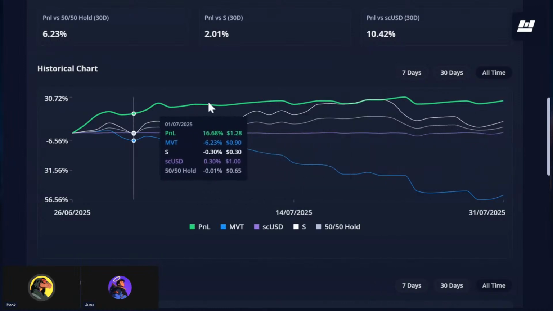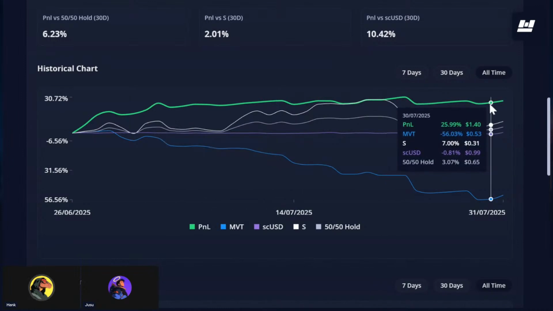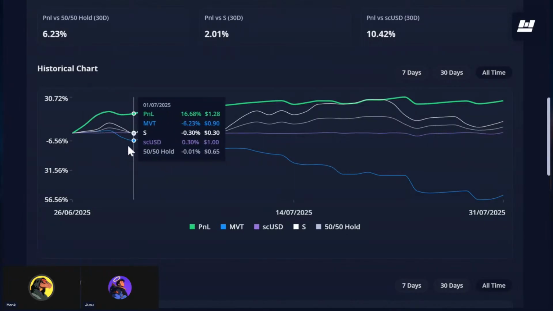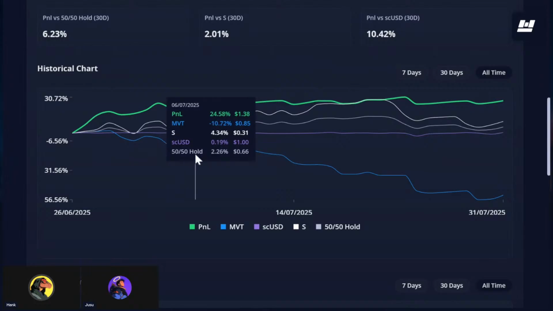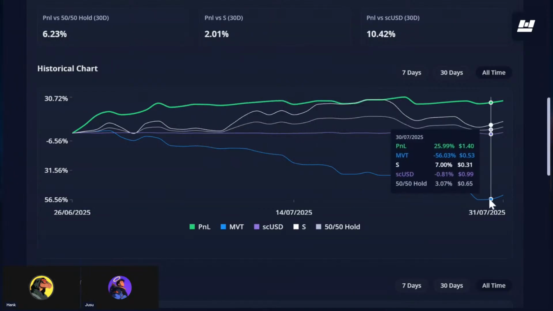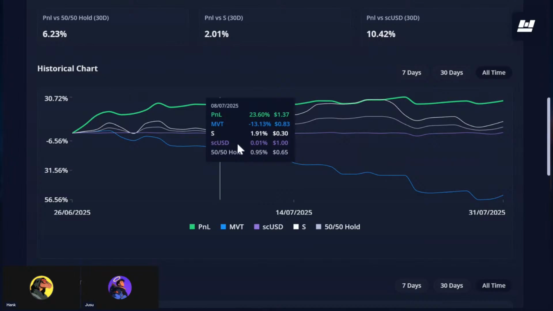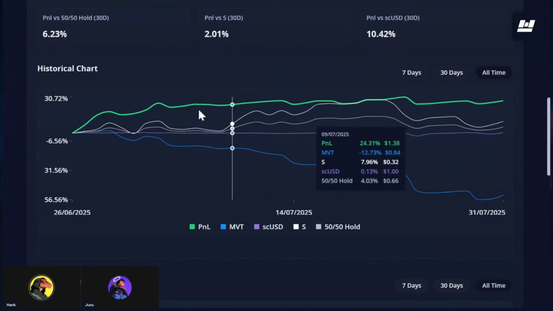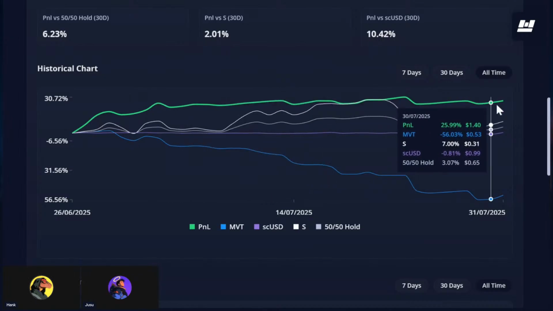So this vault is profitable, but due to the Metro rewards you earn, your MVT token, your base liquidity, the Sonic and SC USD that you deployed in there, have lost value by a lot of percentage points, but the Metro rewards outpaced that.